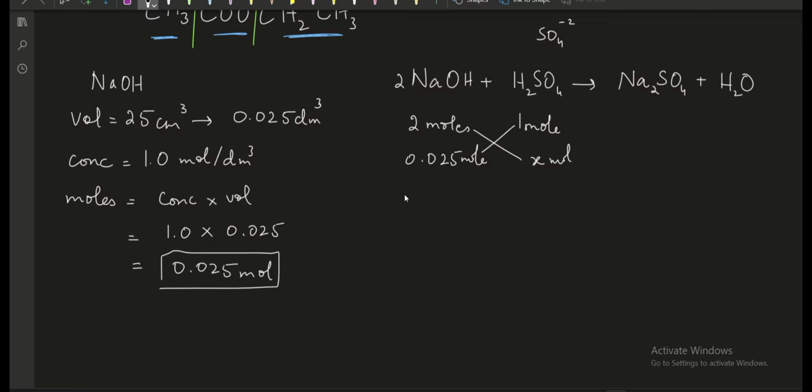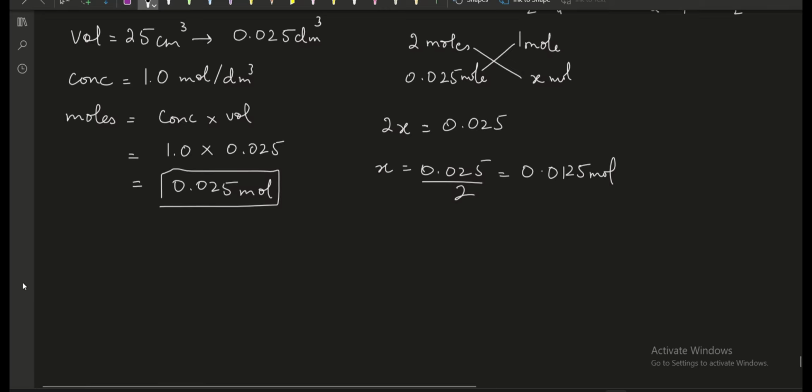Find the value of x, the moles of sulfuric acid: 2x will be equal to 0.025, x will be equal to 0.025 divided by 2. Your answer would be 0.0125 moles. So we have now calculated the moles of sulfuric acid.